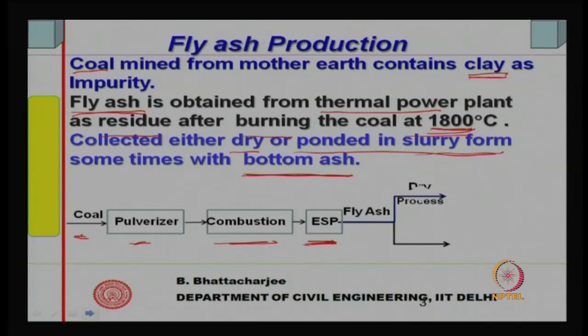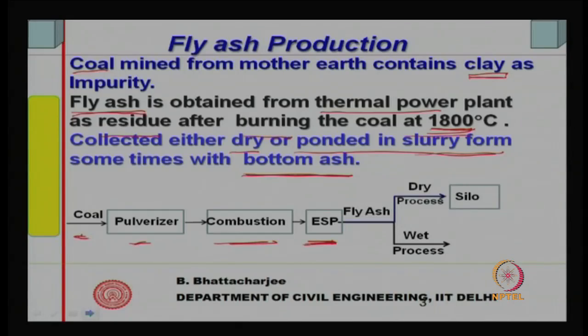This fly ash can be handled by the dry process or by the wet process. In the wet process, you mix this ash with water, usually with the bottom ash, to form a slurry, and this slurry is transported and stored in a pond.